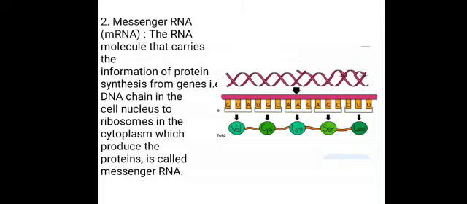Whatever information is created in the DNA, it passes from DNA to mRNA and that is converted into protein synthesis. So basically messenger RNA transfers the message with the help of amino acids.